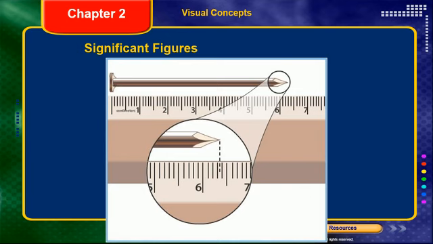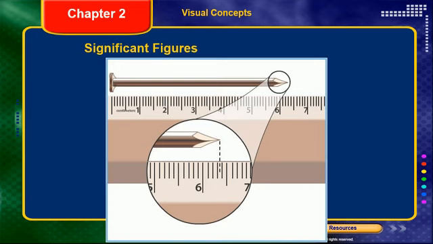And so I can see most certainly that this nail is over 6 centimeters long. If I look closely, I see that this ruler not only has centimeter markings, but it also has millimeter markings. And so what I can do is I can see that this nail goes to 6.3 centimeters, but not quite to 6.4 centimeters.